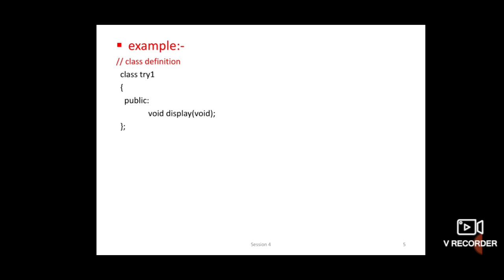I think you know if a semicolon is given, then that statement is terminated. That means the end of that statement, end of that function, end of that class. That is the meaning of this semicolon in C++, okay.